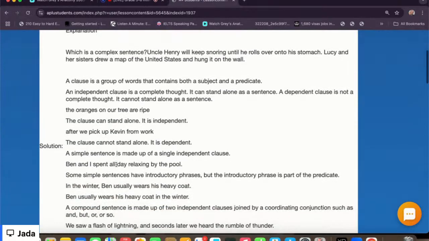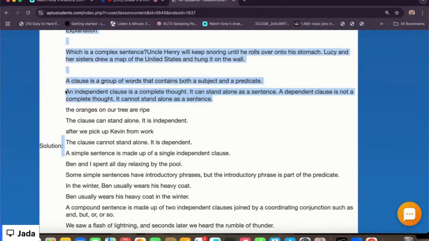All right. So, first of all, we need to note what a clause means. A clause is a group of words that contains both a subject and a predicate. So, a clause has the subject, and also the predicate. Under the clauses, we have the independent clause and the dependent clause.